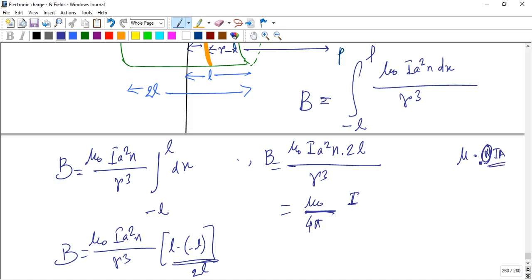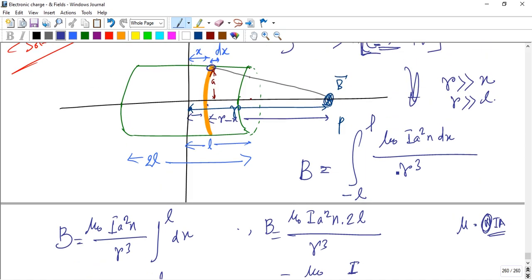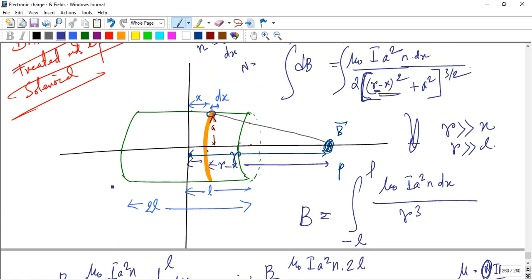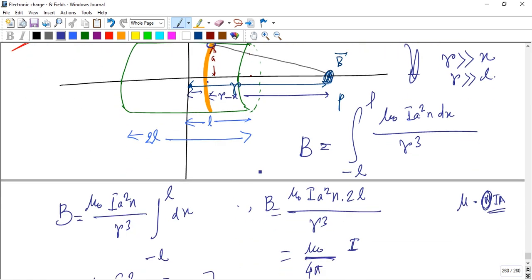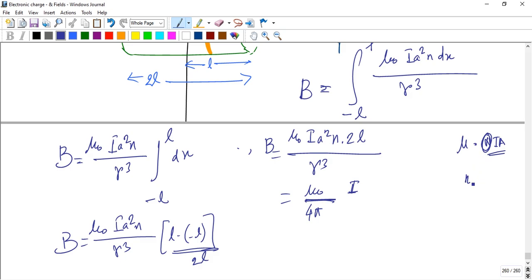Here n times 2L, the turn density times 2L, gives the total N. So n 2L represents capital N, and here the I, and a squared, and if we multiply by pi here, another pi upside, that is a squared.